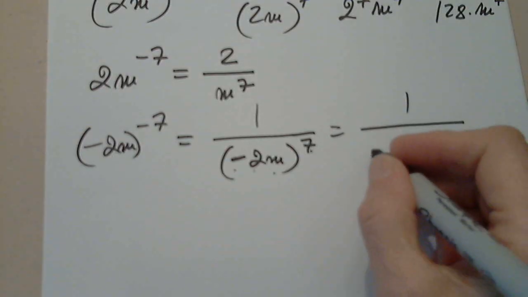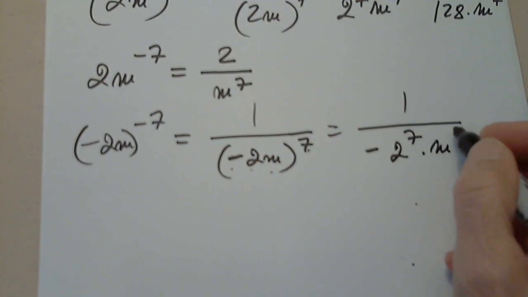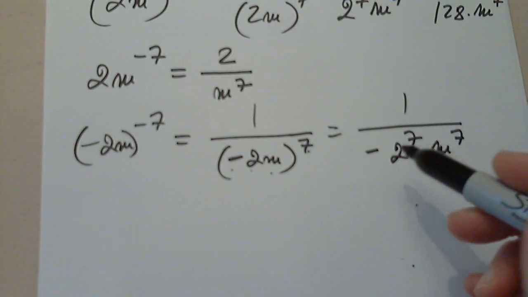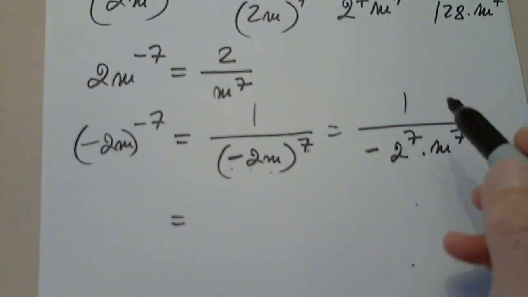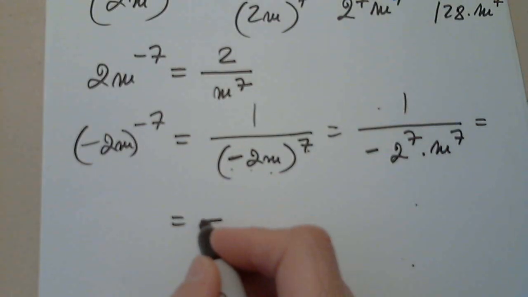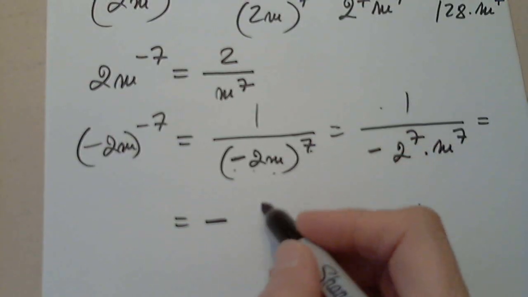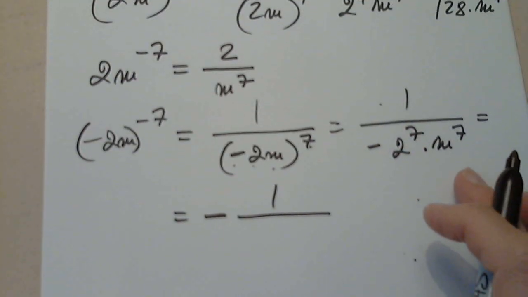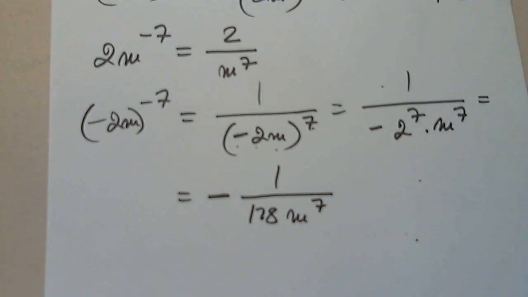Correct. 2 to the 7th, m to the 7th. Well, we know that 2 to the 7th, you can calculate, we just had it a minute ago, is 128. The sign has to be moved in front of the fraction line. So this is -128 over m to the 7th.